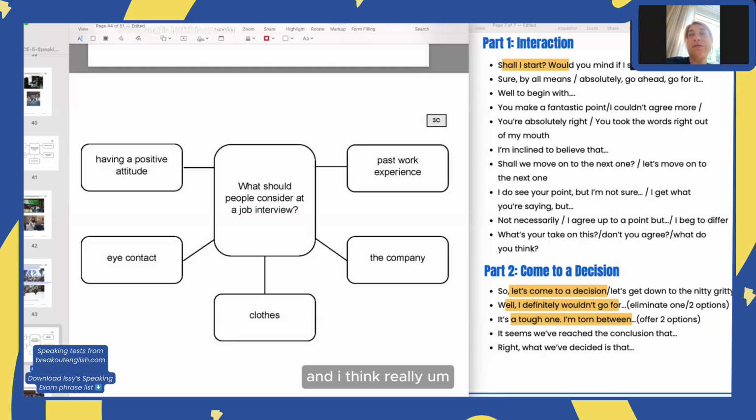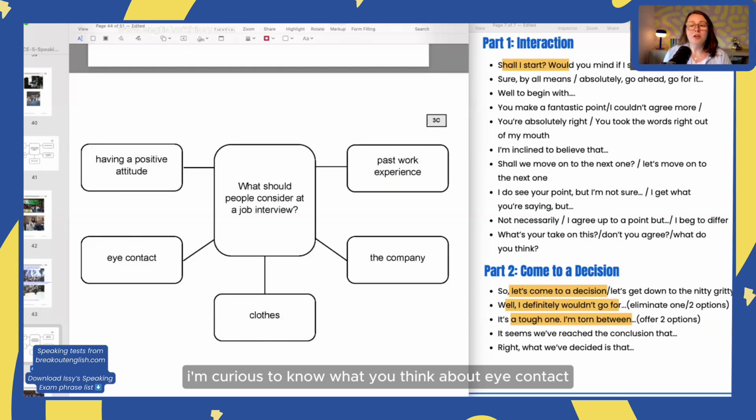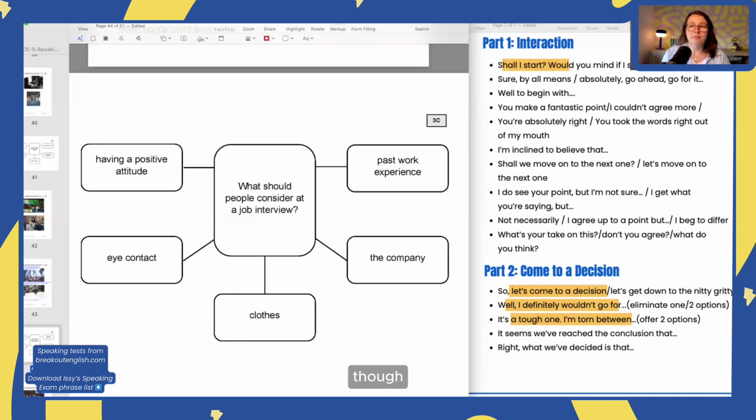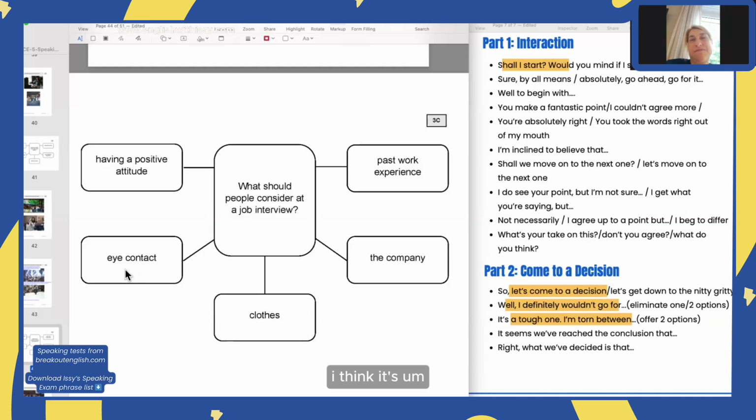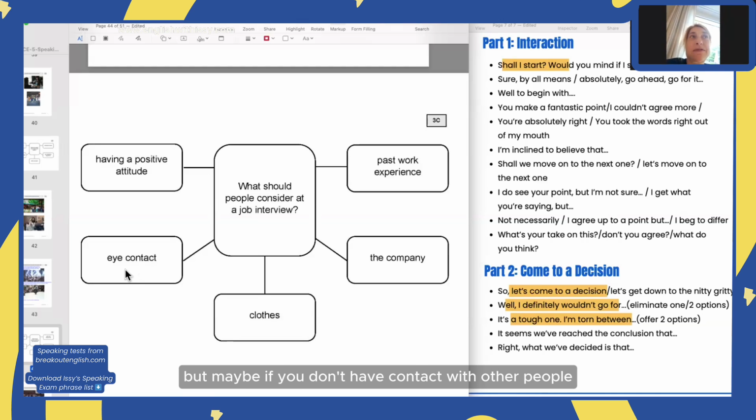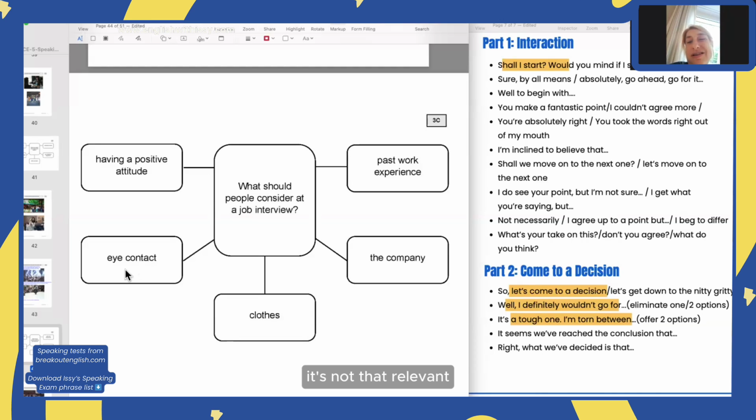And I think really your past work experience matters a lot. Absolutely. I'm curious to know what you think about eye contact, though. I think it shows respect and interest, but maybe if you don't have contact with other people, it's not that relevant.